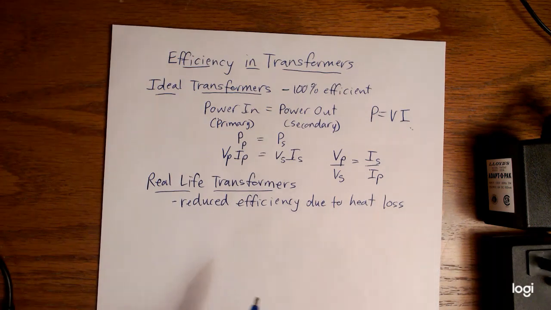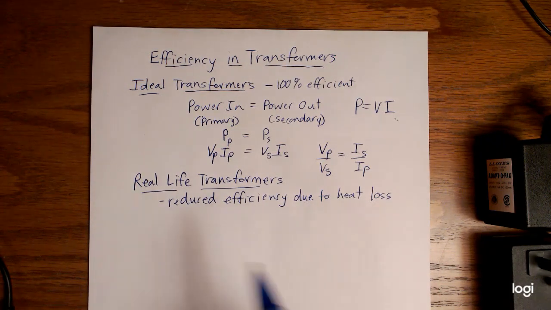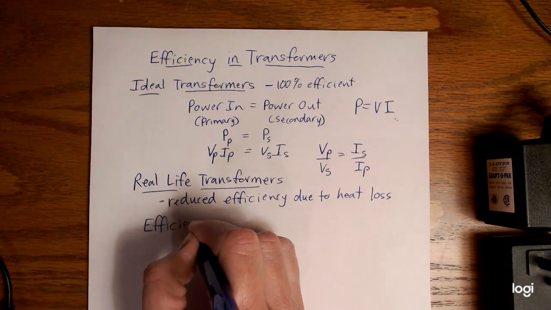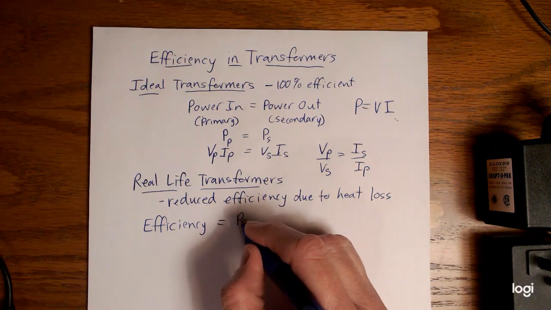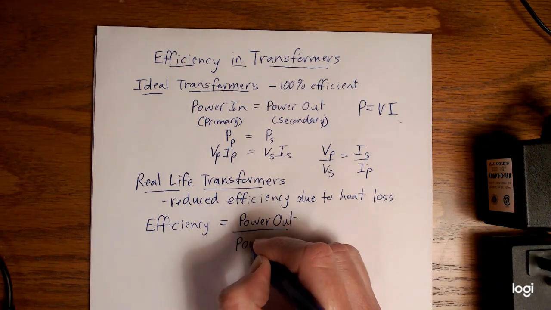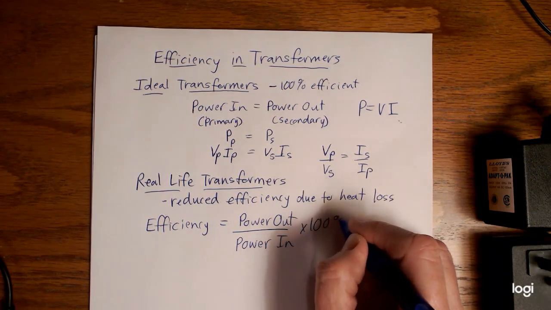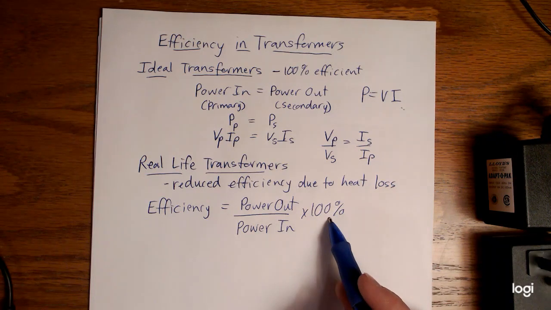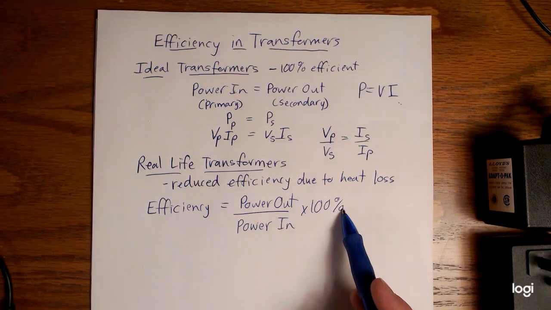Now, I'd like to talk about how we calculate the efficiency of that device. If I ask you for the efficiency of what you have, you're going to take the power out and divide that by the power that we put in. Then you multiply it by 100%, which is really just changing it into a percentage by multiplying by 100, moving the decimal over and writing the percentage sign.